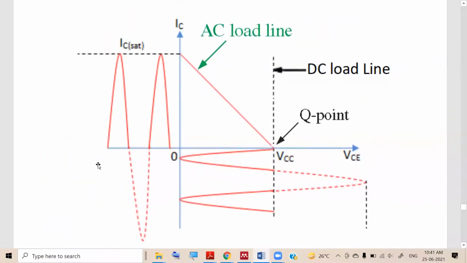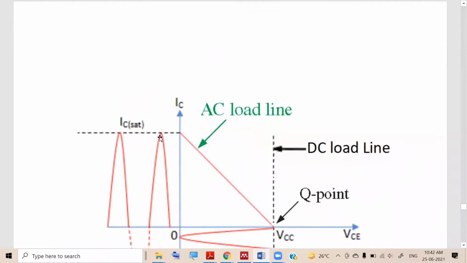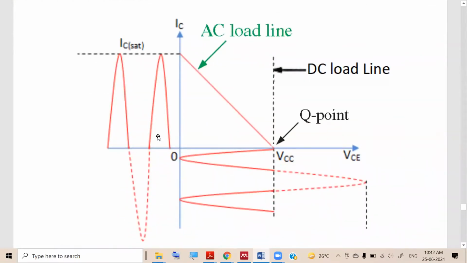What is Im? Im is the height of only one half cycle. So from this point to this point, that is Im, right? We have seen this already for class A, direct coupled and transformer coupled. We know what is Im.